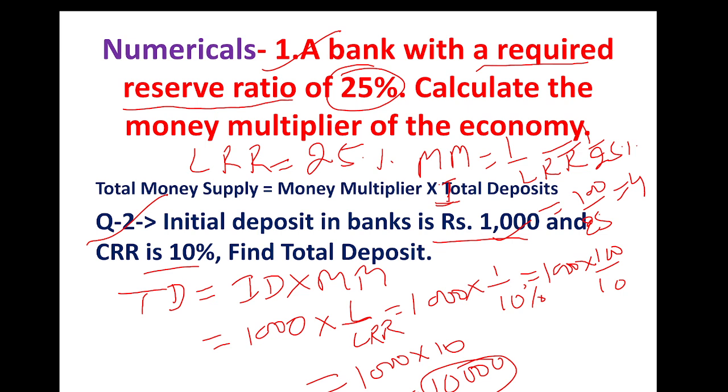So students, you can see here this is the whole formula and you can solve this. And here one thing, this is wrongly written. You can notice this, initial deposit. Okay. So money supply equal to money multiplier into initial deposit, and the solution can be done this way.